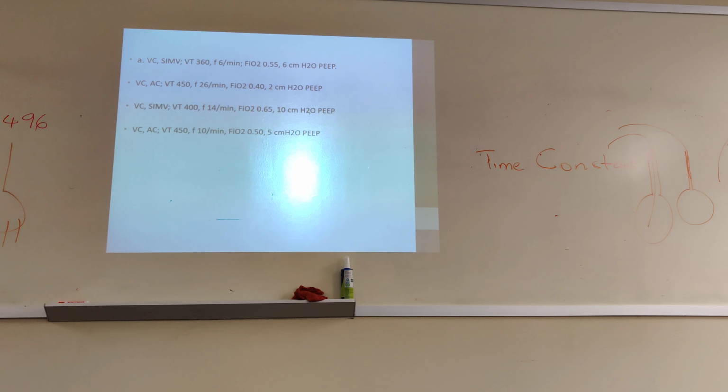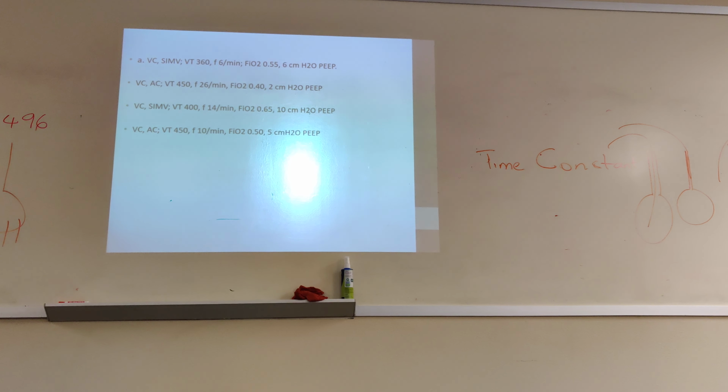The mode is not what is ventilating the patient; any of them will be fine as long as you have the right tidal volume, FiO2, and so on. 360, well, that's low. Respiratory rate of 6? No, we say 10 to 20. So that whole option is out, and I don't even have to look at the rest of it. I go to the next one.